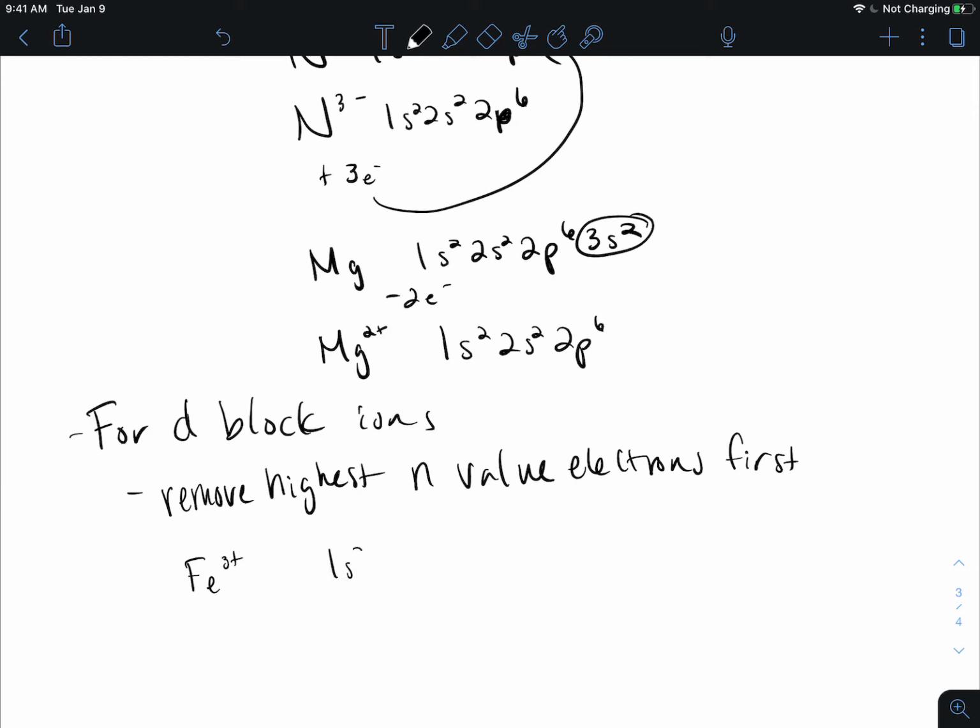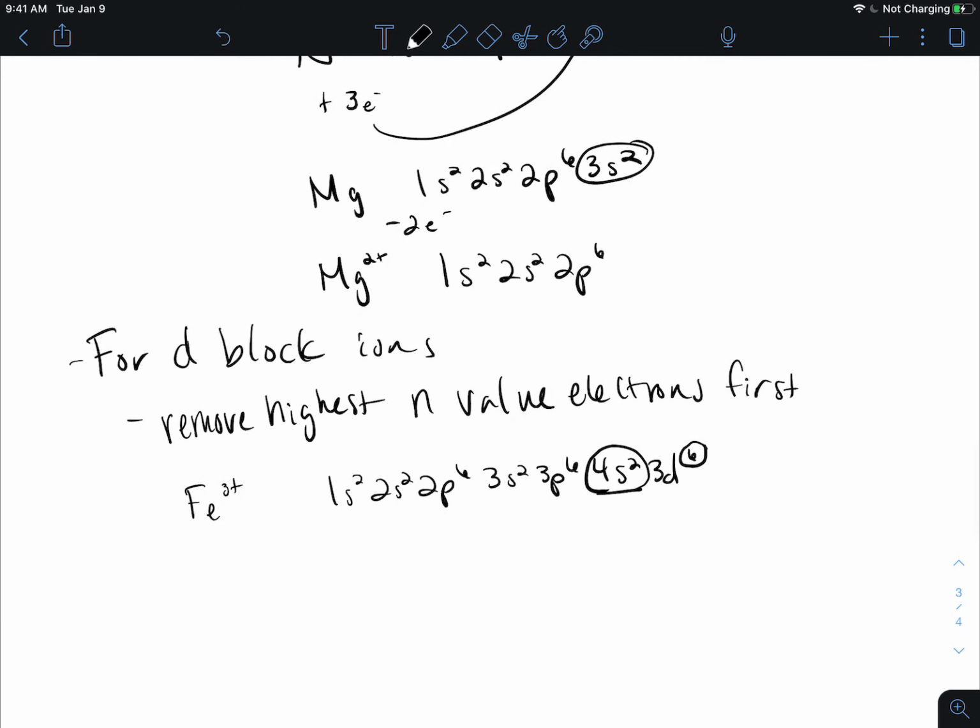So we have 1s2 2s2 2p6 3s2 3p6 4s2 3d6. We need to remove 3 electrons, so we'll lose the highest N value electrons first, so those right there, and then 1 from there, giving us 1s2 2s2 2p6 3s2 3p6 3d5.